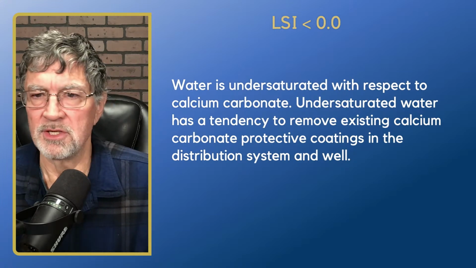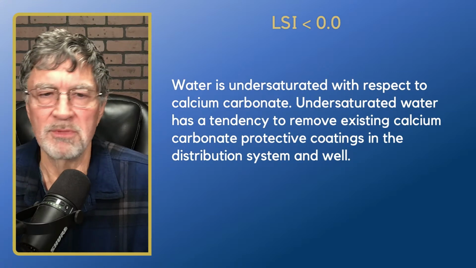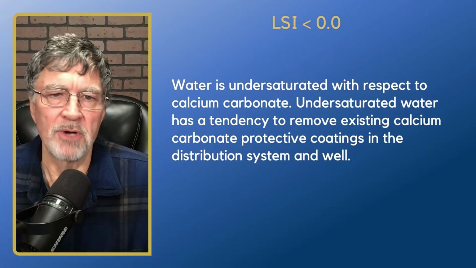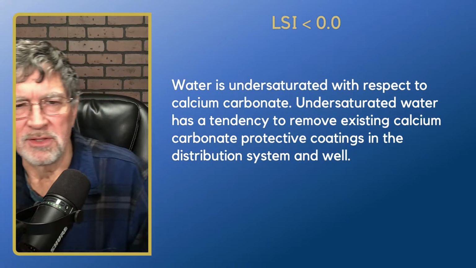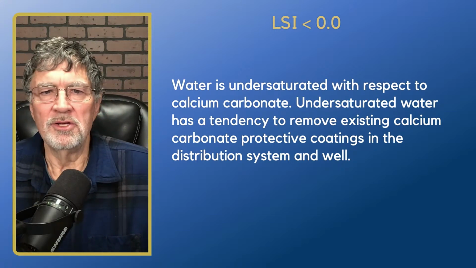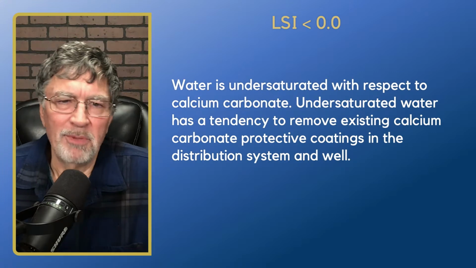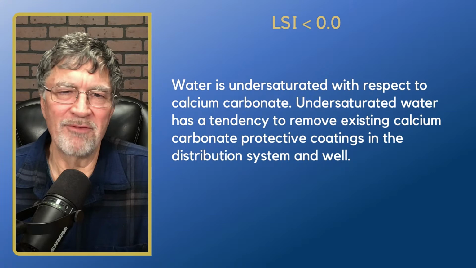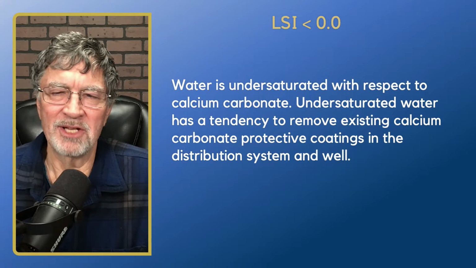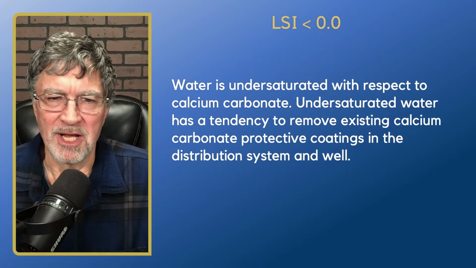Undersaturated water has a tendency to remove existing calcium carbonate protective coatings in the distribution system and the well, but at 0 we're right at the saturation level. So it's kind of right there. You'll hear this water called balanced water. But in a well, like I say, there's enough variability with water coming in from the aquifer that it's very hard to maintain an LSI of 0 and maintain balanced water.